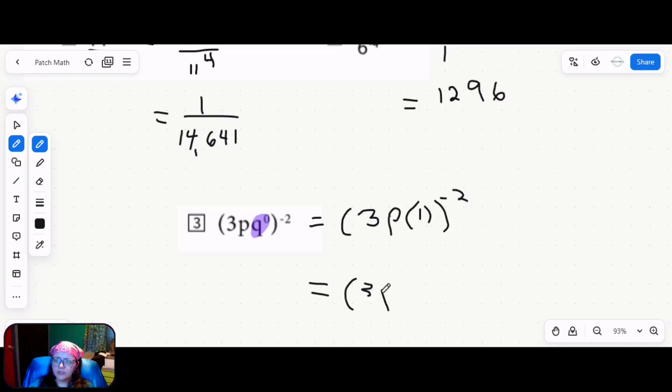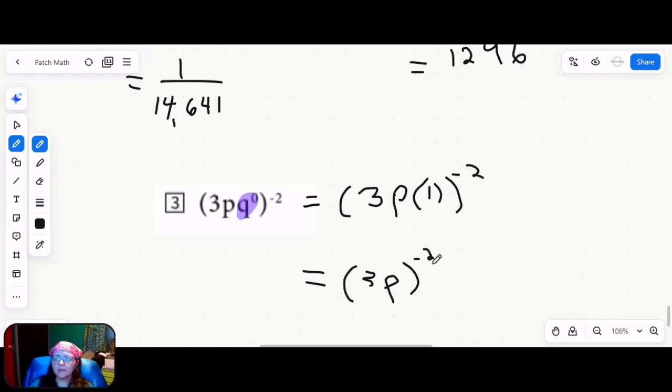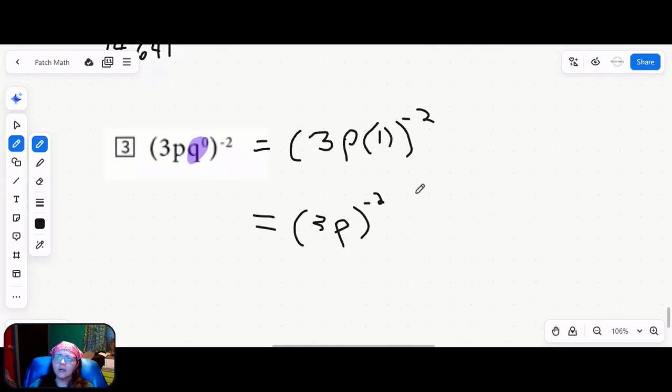Now, if we wanted to, we could go ahead and bring that negative 2 power in using the power of a product rule. And you very well can. However, I want to go ahead and correct the negative on that negative 2 by making this a fraction. And recognize there is an invisible one hanging out up front. We got a bunch of invisible ones here, and they come in handy when correcting our negative exponents.